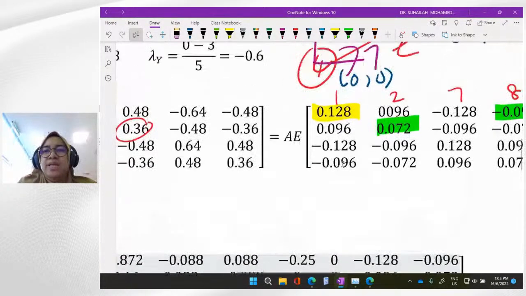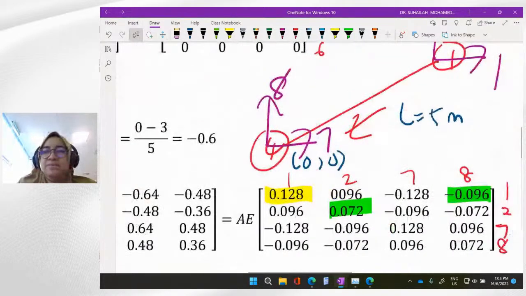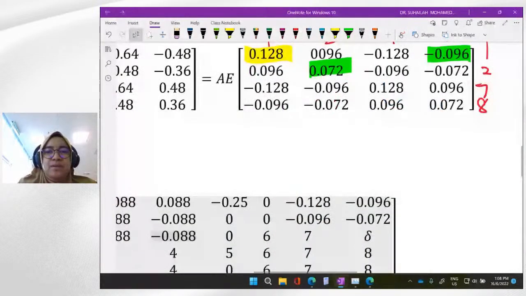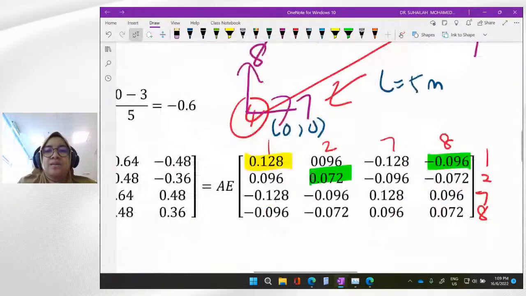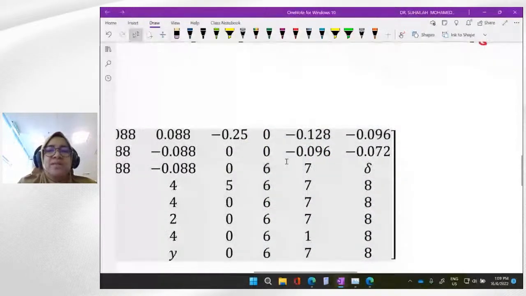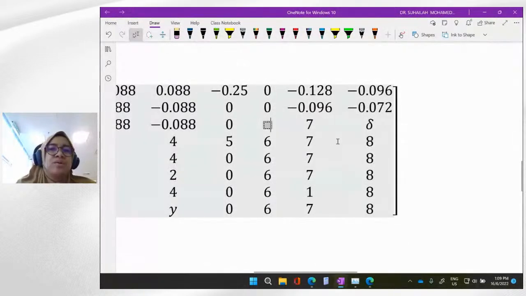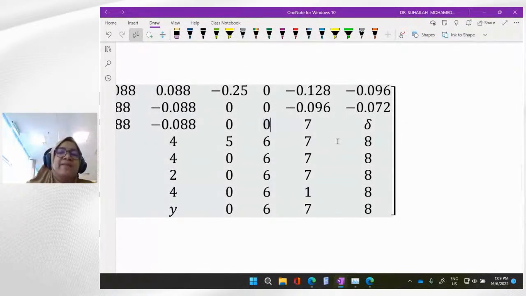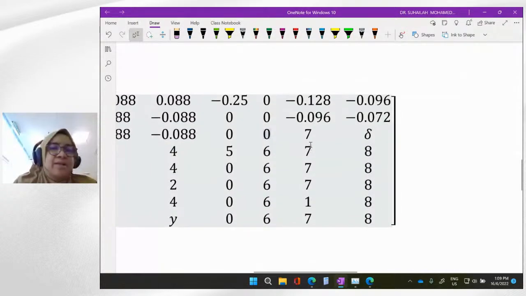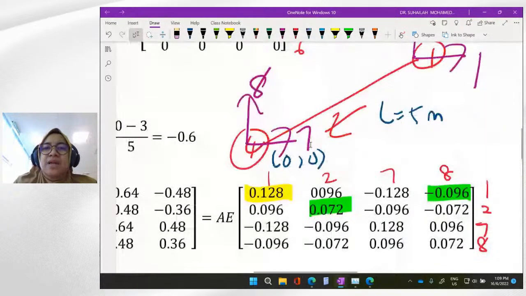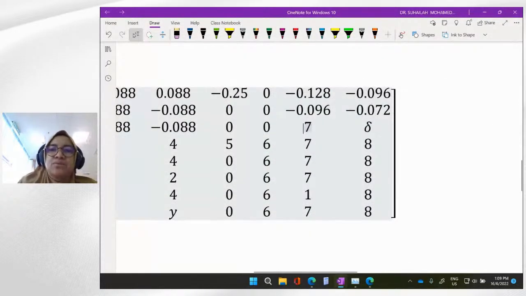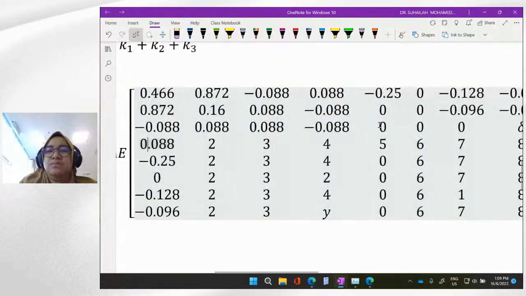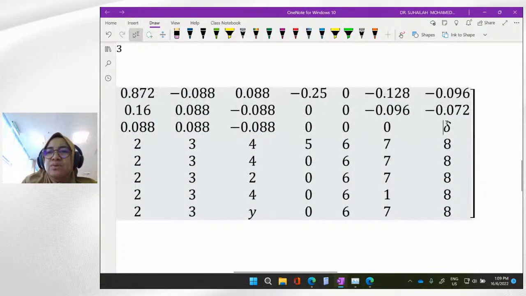Okay, 3, 5 just now, 3, 6. What is 3, 6? Can we find 3, 6 in K1, K2, and K3? We don't find any 3, 6 in K1, K2, or K3, so it is equal to 0. What about 3, 7 and 3, 8? 3, 7 and 3, 8 are also 0.